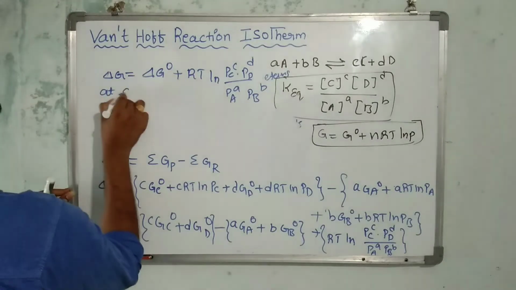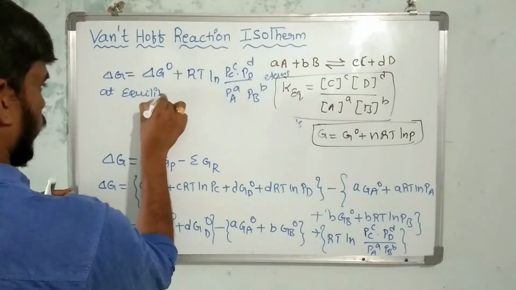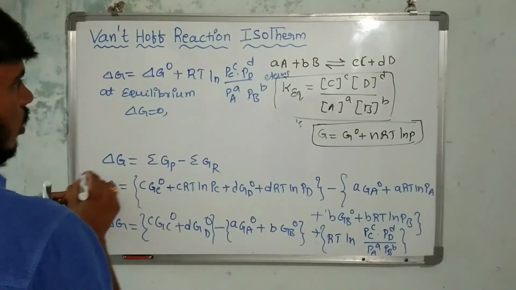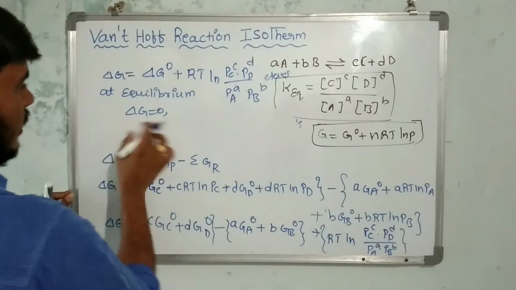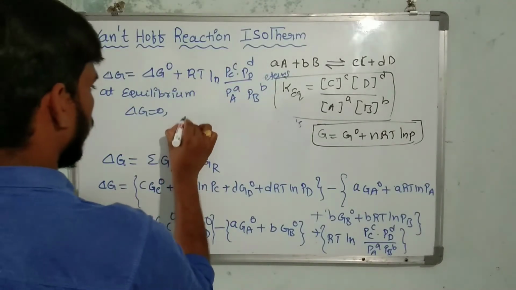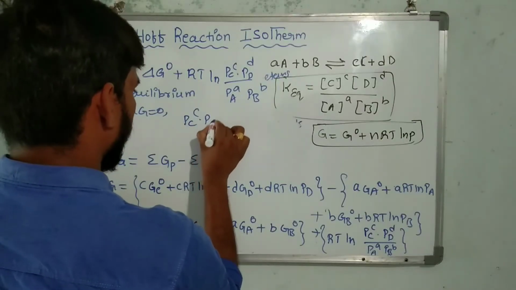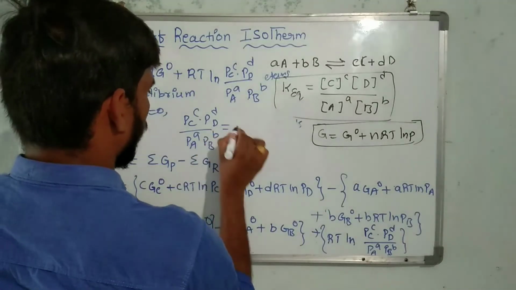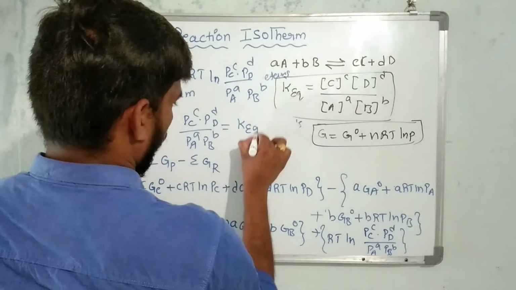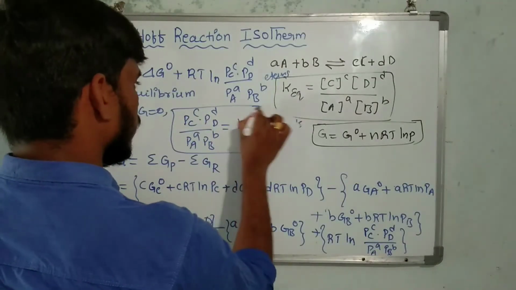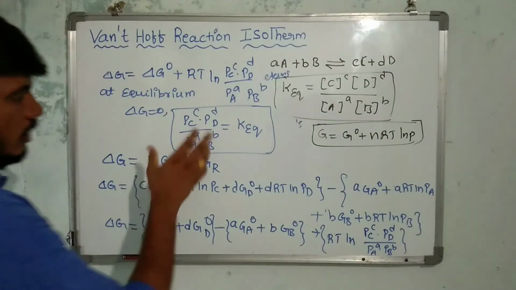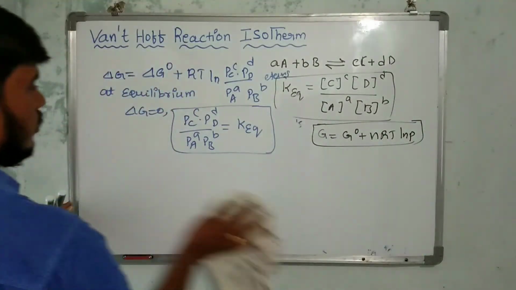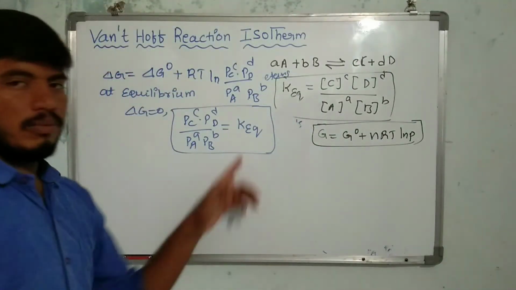Now at equilibrium, delta G is equal to 0. This ratio, P_C power of C and P_D power of D by P_A power of A and P_B power of B, is equal to the equilibrium constant K equilibrium.